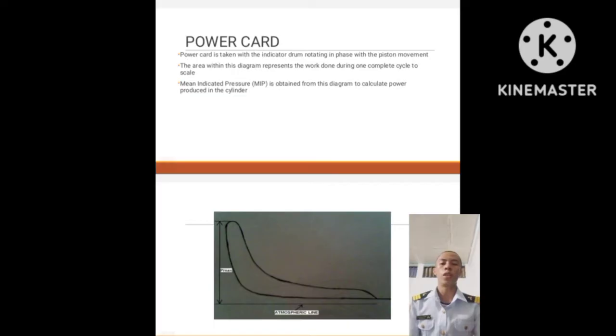First, we need to draw an atmospheric line, which indicates the atmospheric pressure. The atmospheric line needs to be drawn with the instrument connected to the unit, so that we can give exactly the length of the power card. After that, check the indicator cock to ensure there are no carbon deposits.